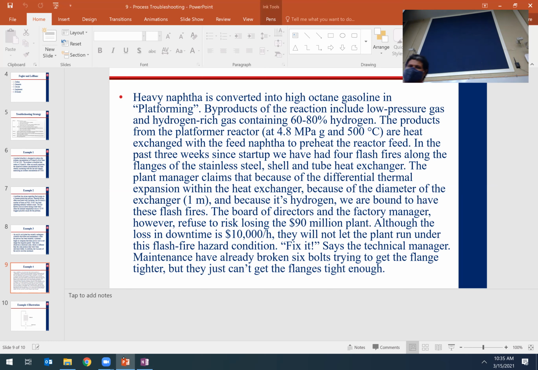However, there's a point in the process where we have this heat exchange happening, and in it, there's a flange that fails to seal properly, such that over time, every once in a while, you'll get flash fires, meaning hydrogen's going to leak out, auto-ignite because it's so hot.